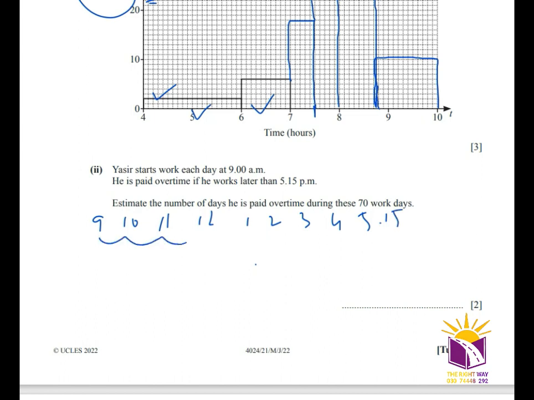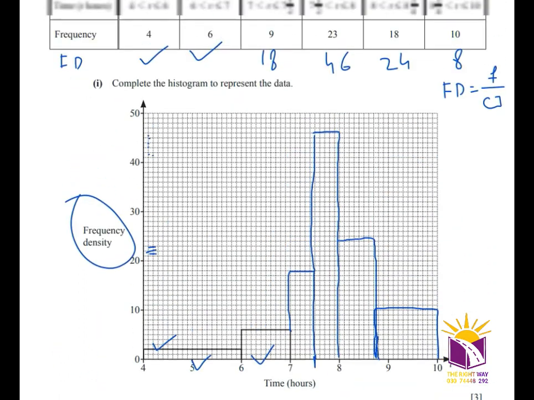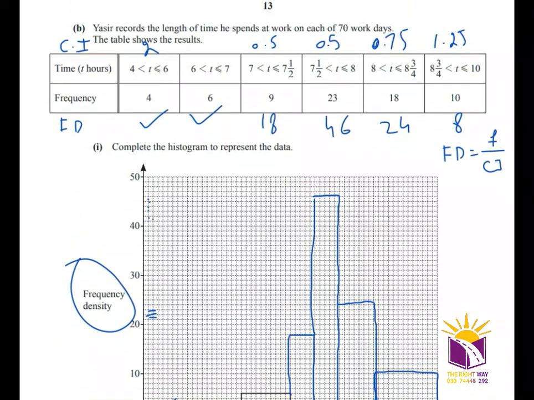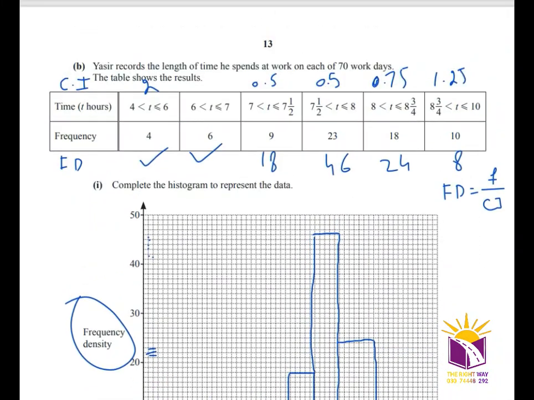So it will be 1, 2, 3, 4, 5, 6, 7, 8.15 hours. Or you can use 5:15 as 17:15 and subtract 9, and it will be equal to 15, and 17 minus 9 will be equal to 8, 8:15. So how many days has he worked greater than 8:15?